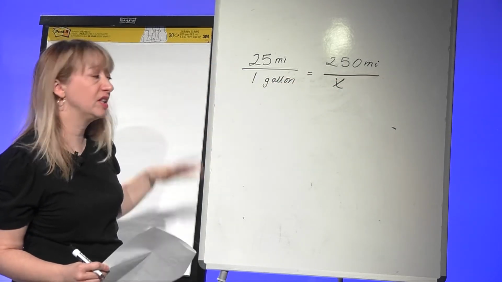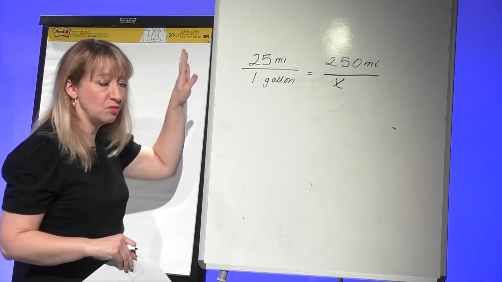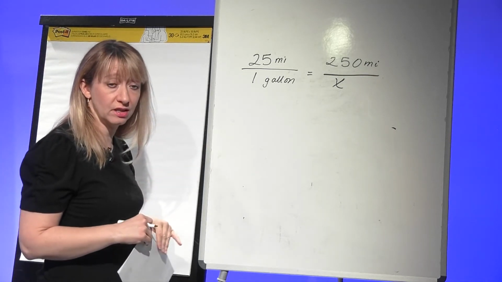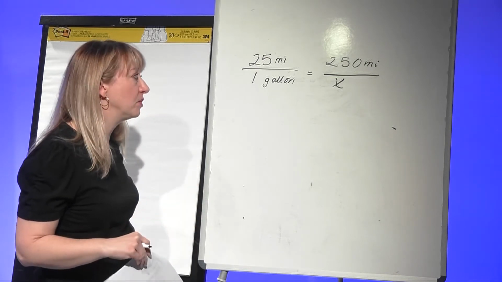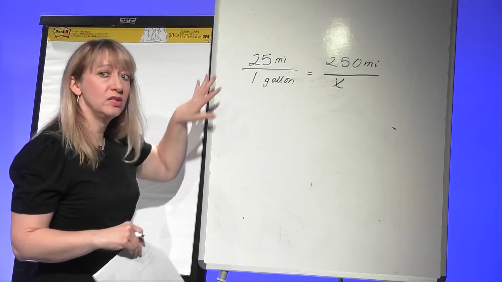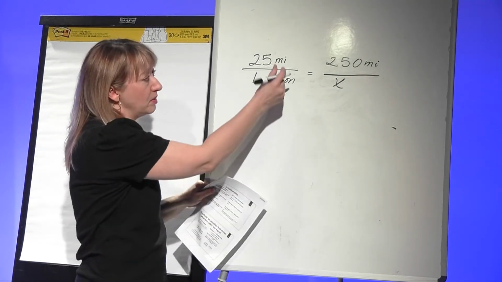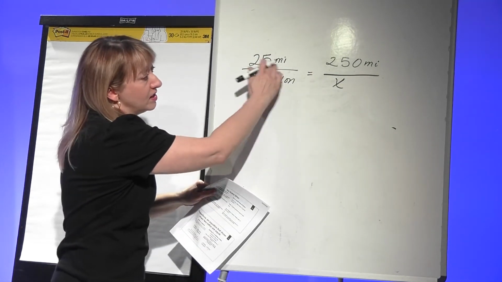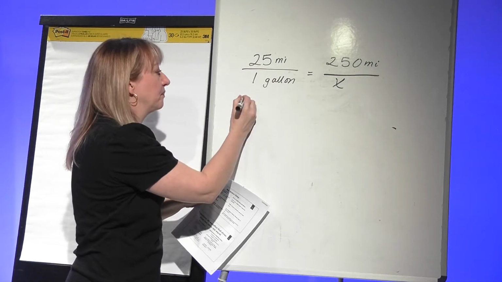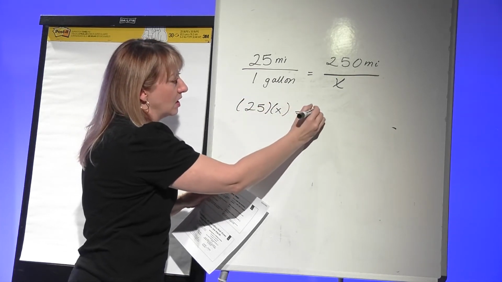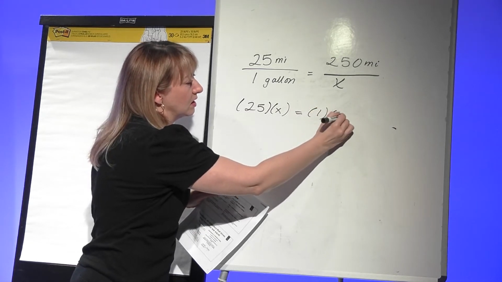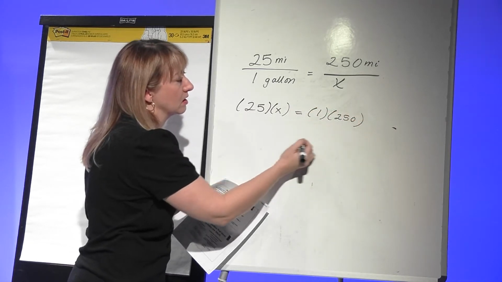With this example, you can look at it a couple different ways, but I want to point out how to figure out the answer to a proportion problem, how to set it up, how to solve for the missing number. With these, you're going to cross-multiply. Cross-multiply means you're going to look at the 2 numbers diagonal and multiply them. So you would write 25 times x, and then 1 times 250.